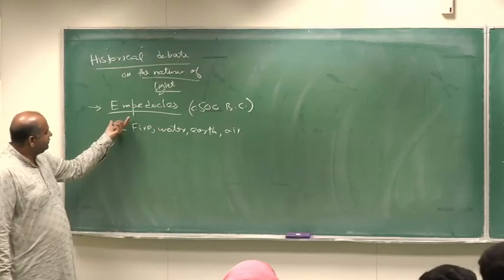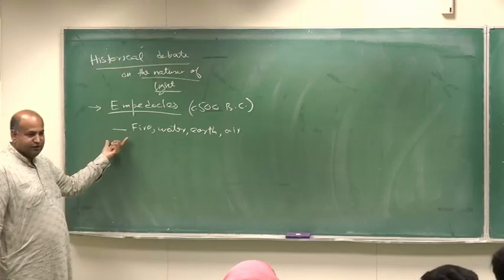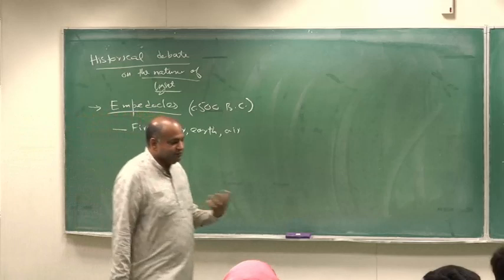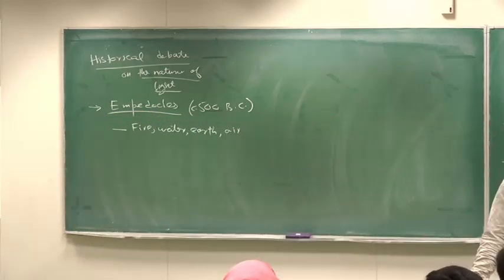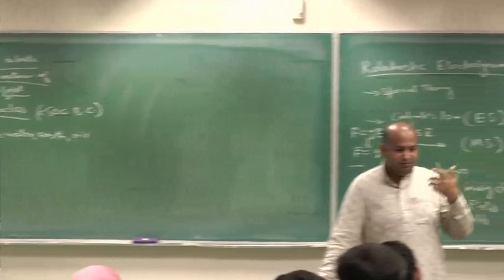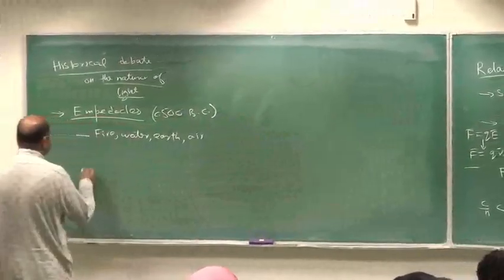And he also had a theory about light, that what light is. It was thought of as small particles that travel from your eye to the thing that you have to see, and then they bounce back or whatever, and then they come back. So that was his idea of light and vision.